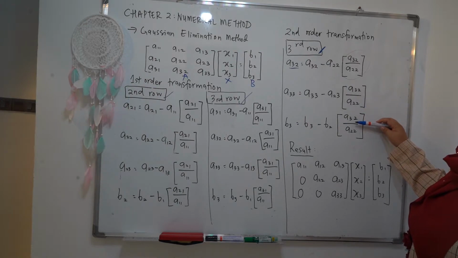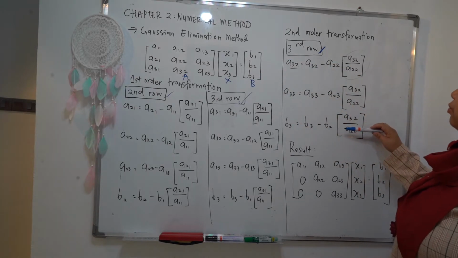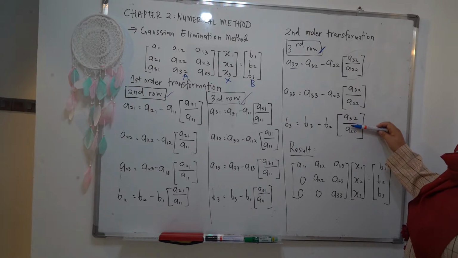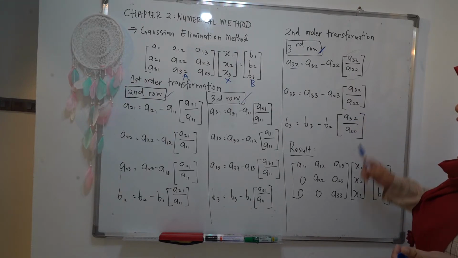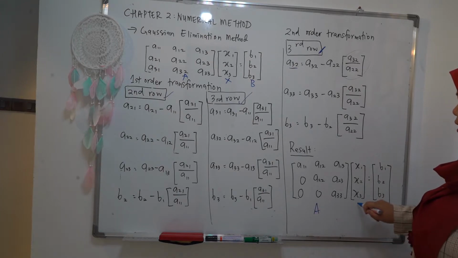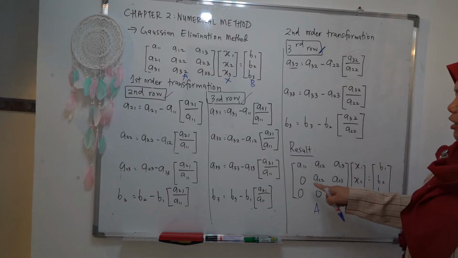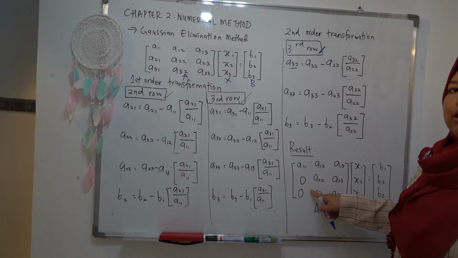So for the last one, B3. B3 minus B2, and then we times with the A32 over A22. After we apply the second order transformation, we go back to matrix A, x equals B. When we apply the first and second order transformation, you can get these 0s in your matrices.